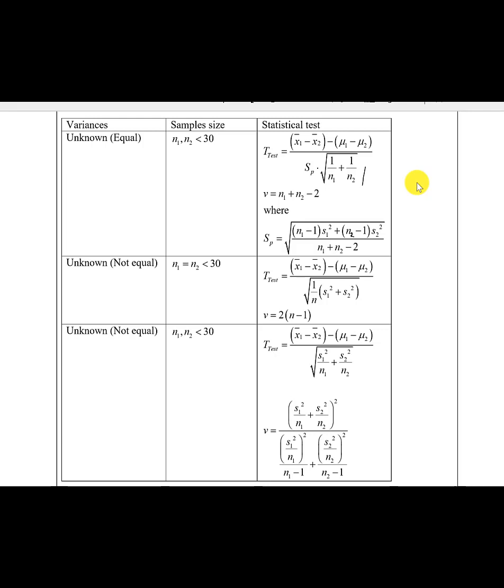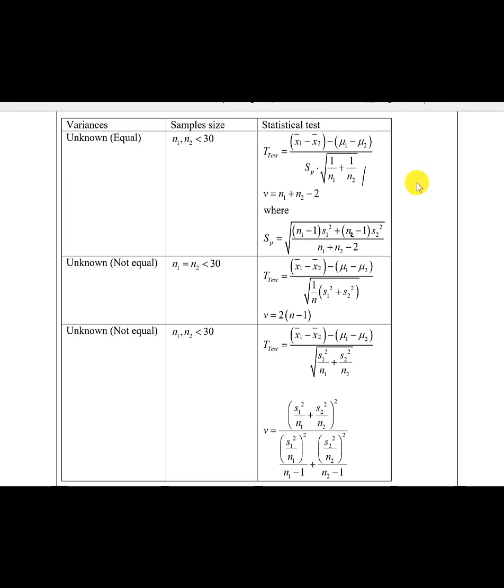That means you must divide your alpha by 2. So this is how you determine your alpha. You get the original alpha from the question if it's a one tail test, either right tail or left tail, but you must divide by 2 if it's a two tail test.